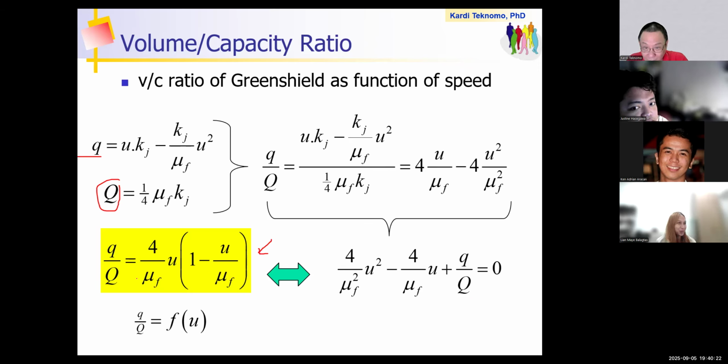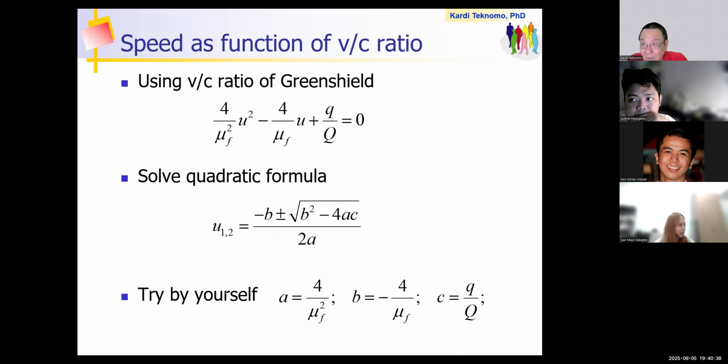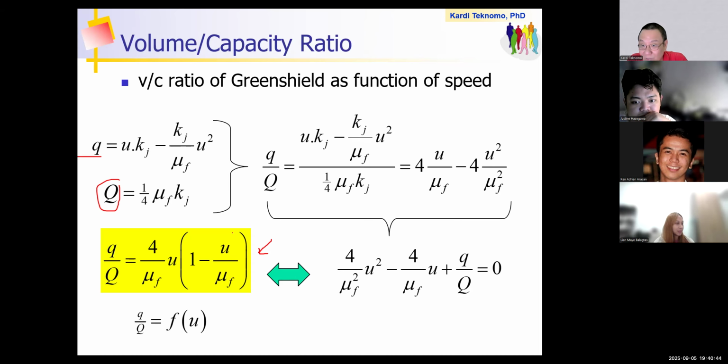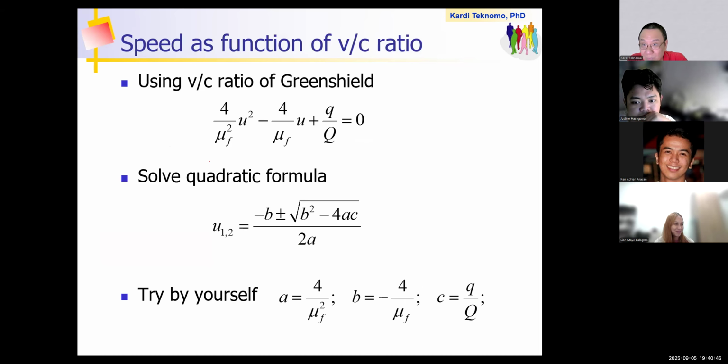What's the meaning? That means the V/C ratio, or the congestion, depends on U. It's a function of speed. Of course, I can also do the reverse. This is the derivation. I can do the reverse.